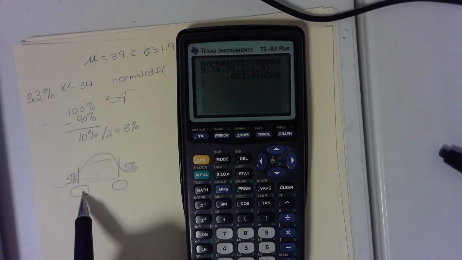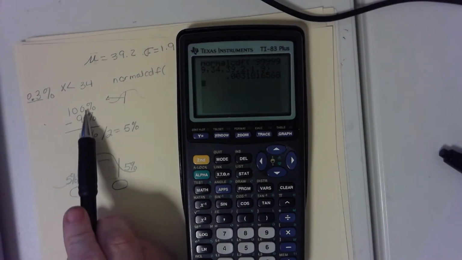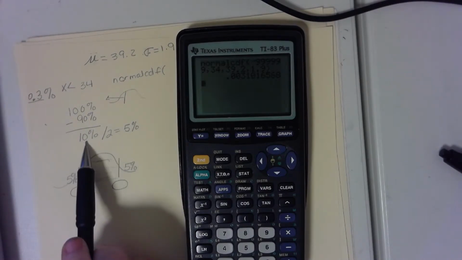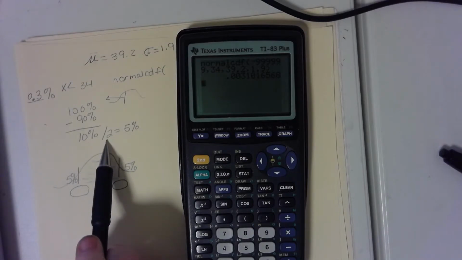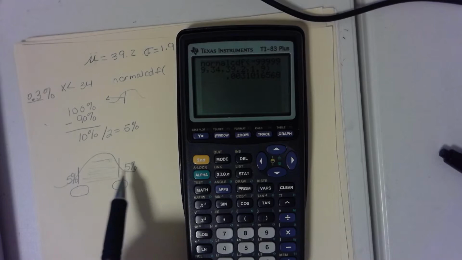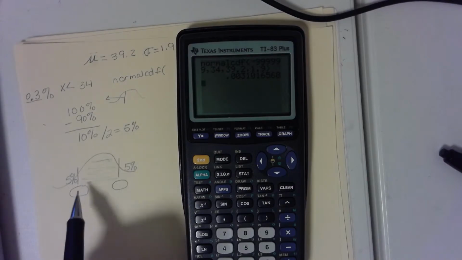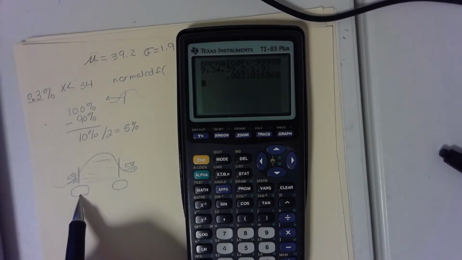So how I got these 5%, I just subtracted my 90% from 100%, which is 10%, and I divided that by 2. That gives me 5% on the lower end and 5% on the upper end, and then I have my middle 90%. So to find this number in here, I'm going to do my inverse norm.